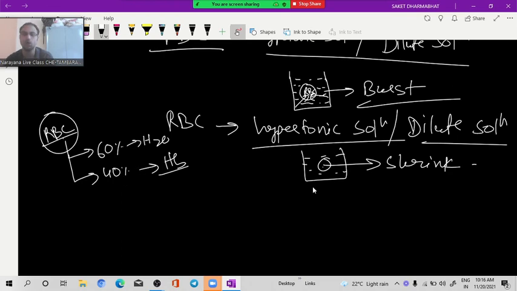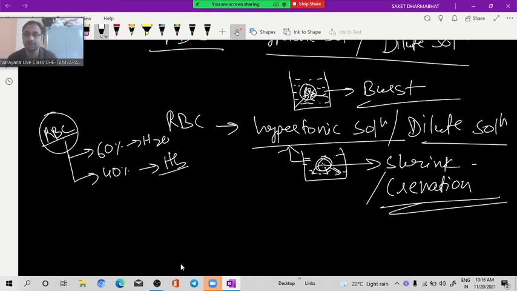So inside the RBC water is there. That water will start coming out now. If you put this RBC into hypertonic solution, water will start coming out. So the RBC becomes shrunken. This process is called crenation of RBC. Understood?